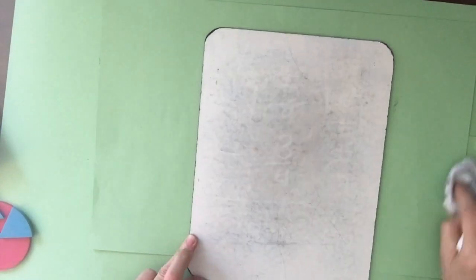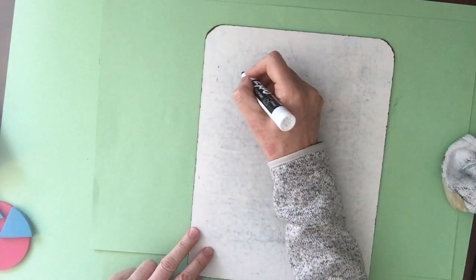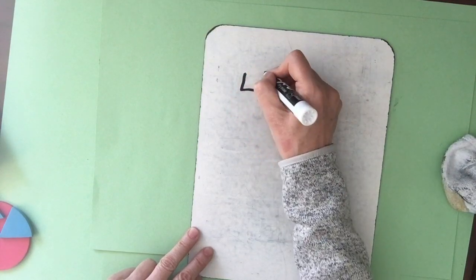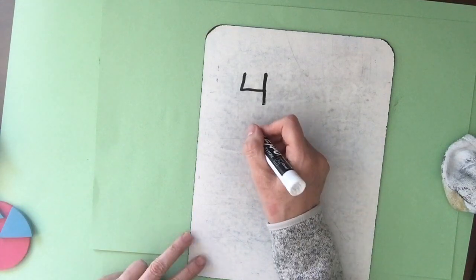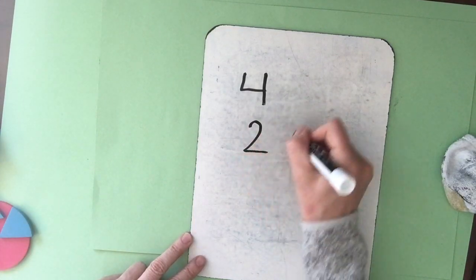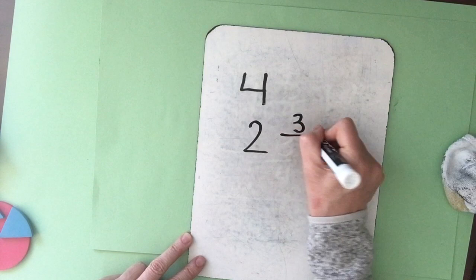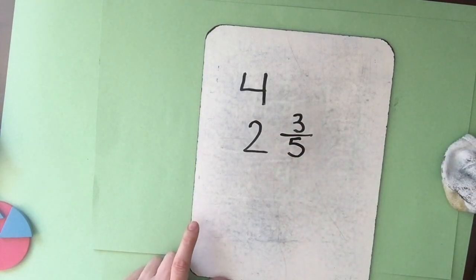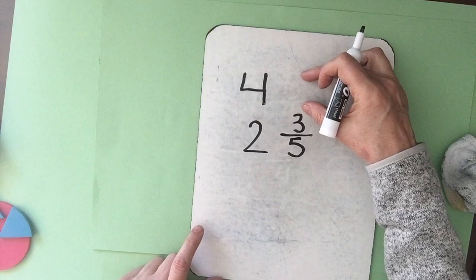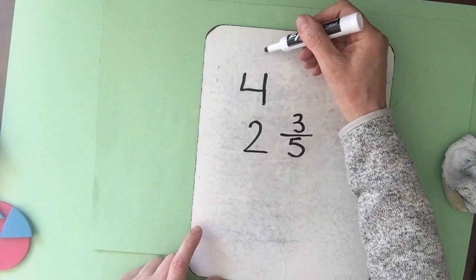Let's do this one. Let's do 4 minus 2 3/5. What in the world are we going to do with that? There's no fraction here because there is a 4 right there.